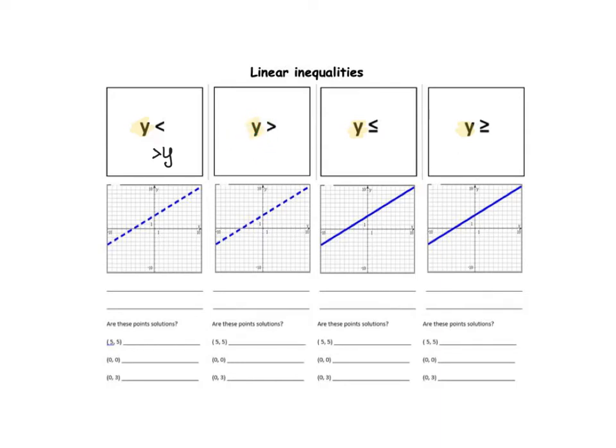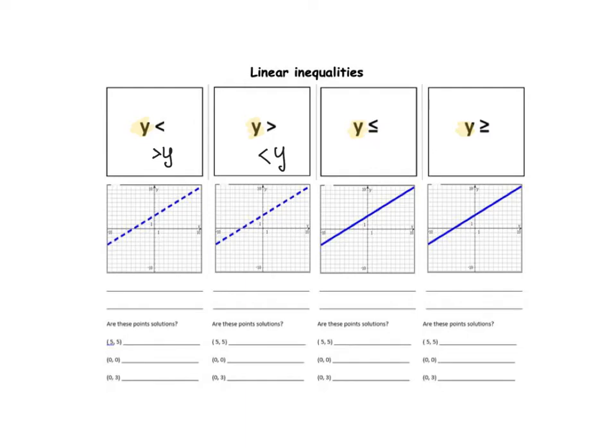Over here on the second one, we have y is greater than whatever you're going to find here. So if I have y on this side, but my symbol still points to the greater side, to the y, this and this will mean exactly the same. Then here we have y is less than or equal.